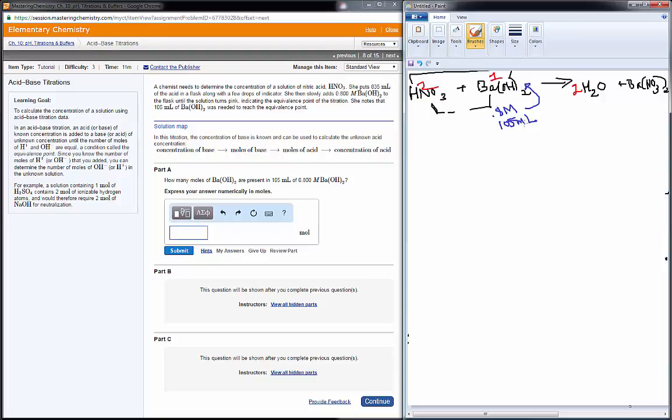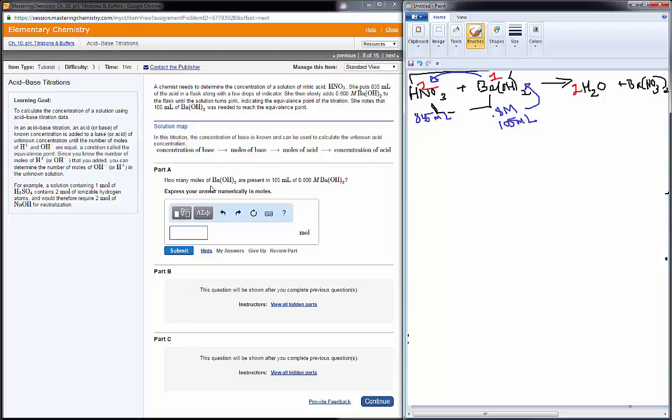Because this is moles per liter, that could be liters, that gives me moles. Because I know the molar relationship, I can take moles of this and calculate how many moles of that it reacted with. And since I know the volume of the acid that I had, which was 835 milliliters, if I know moles and I know volume, I can calculate original concentration in moles per liter. So that's what we're going to do.